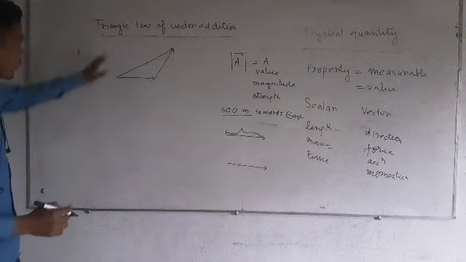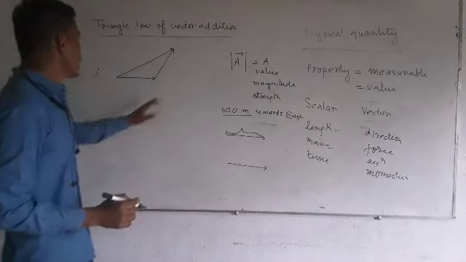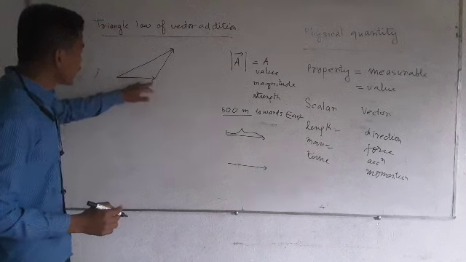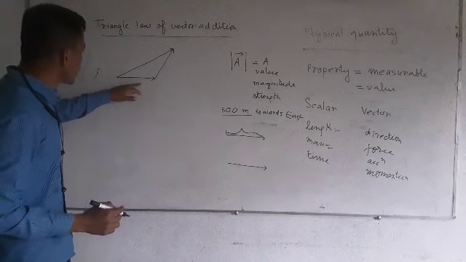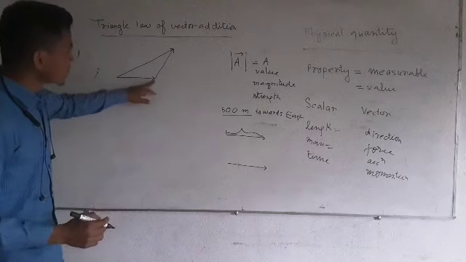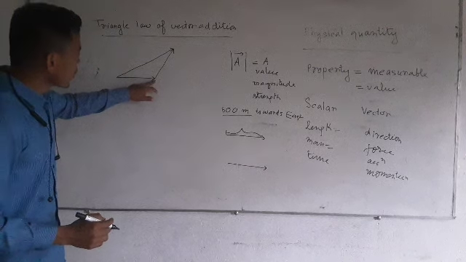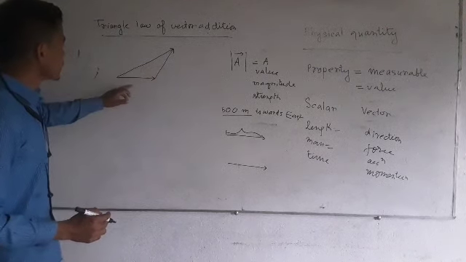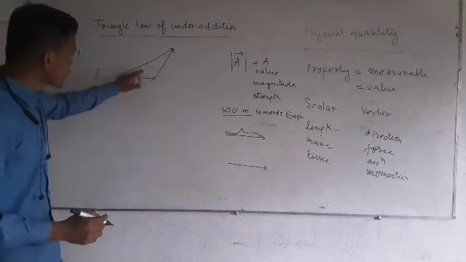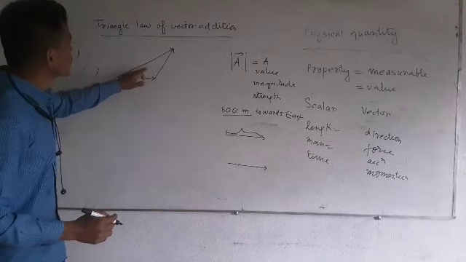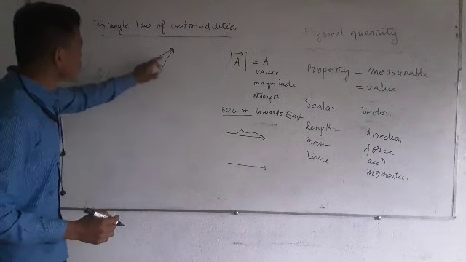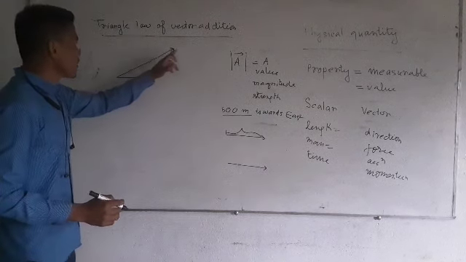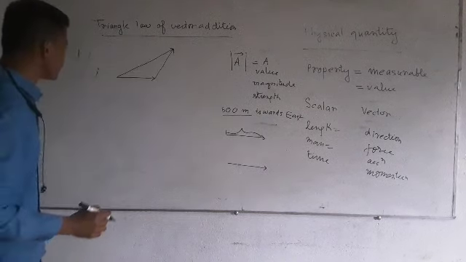According to the triangle law of vector addition, if two vectors form the two adjacent sides of a triangle in such a way that the end point of the first vector coincides with the starting point of the second vector, then the resultant vector will be represented by the closing side of the triangle drawn in opposite order. That means from the starting point of the first vector to the end point of the second vector.